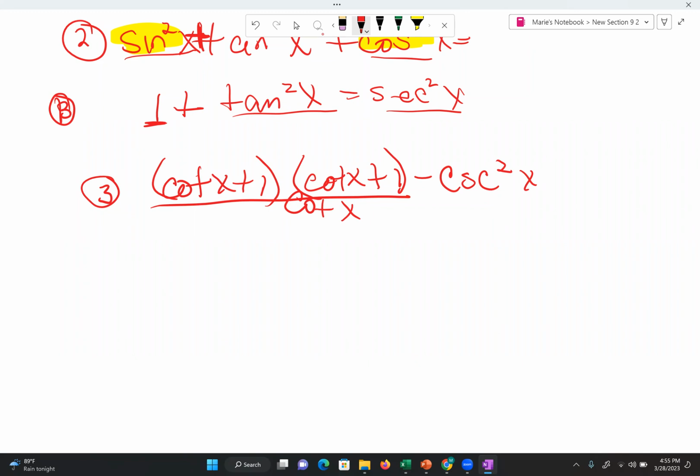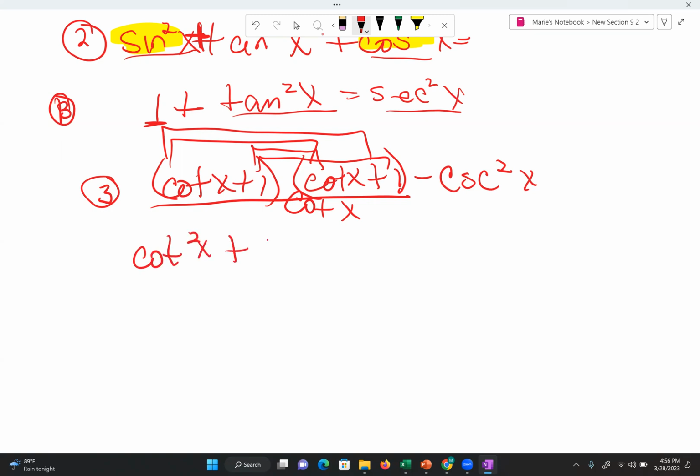So what we do know is after I factor this, right? So this times this, inner, outer, of course, inner and outer combined, and then the last term, basically a FOIL, right? When we do the math, we end up with cotan squared x plus 2 cotan x plus 1.